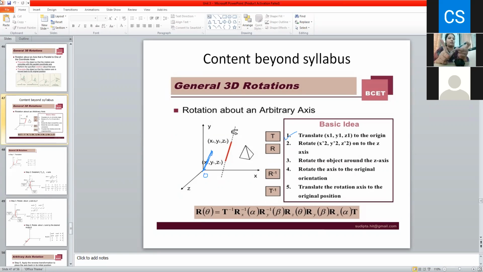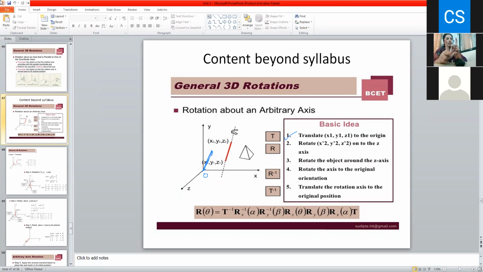This pen was here earlier. Around this Z axis, I have rotated it. Now it is lying in the XY plane. Okay. Now what happened? I have reduced one coordinate. Which coordinate? The Z coordinate I have removed now.